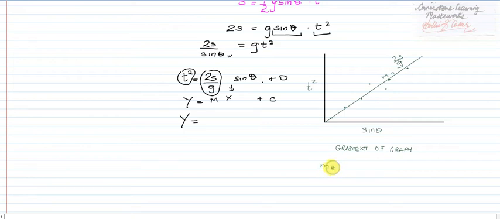After you find the gradient by taking two non-plotted data points on the line, m will be delta y over delta x, and that will be the constant in the equation, 2s on g.